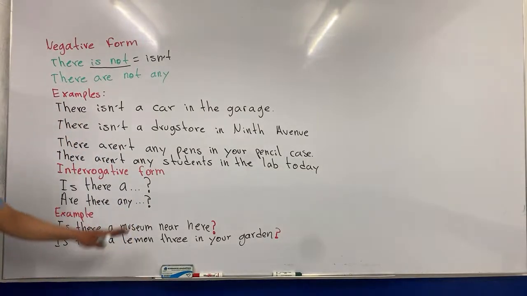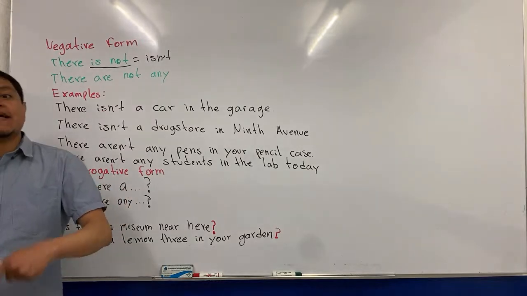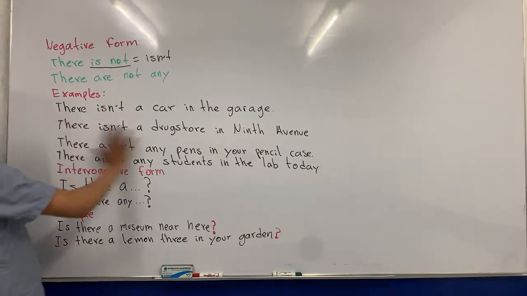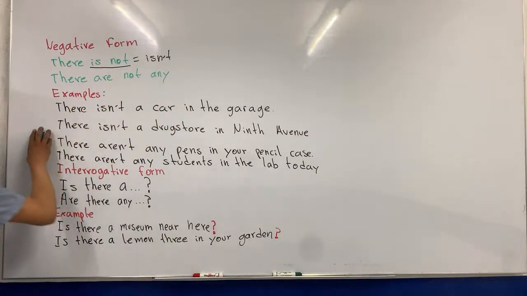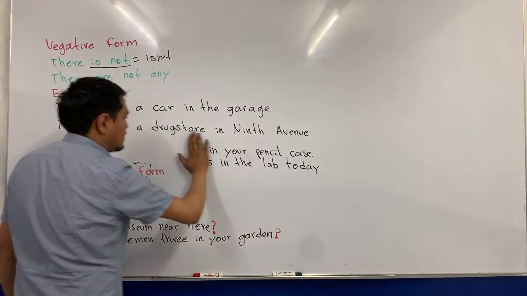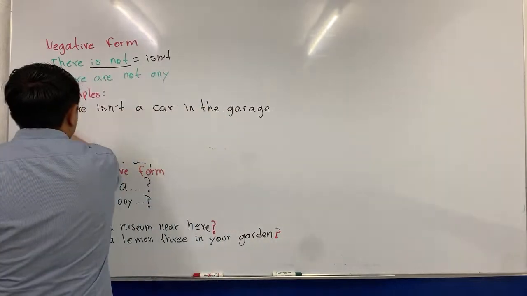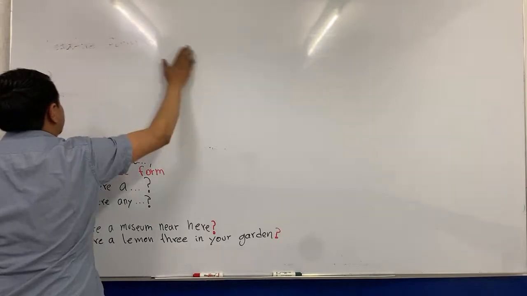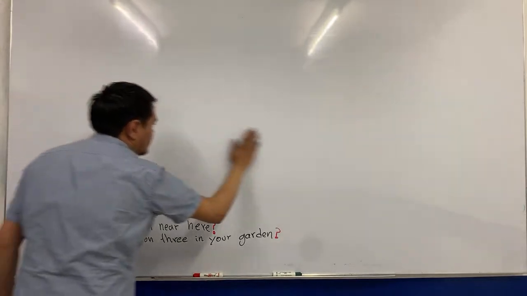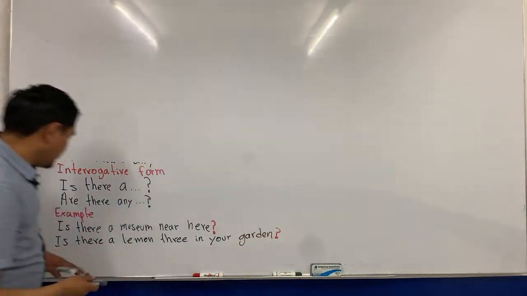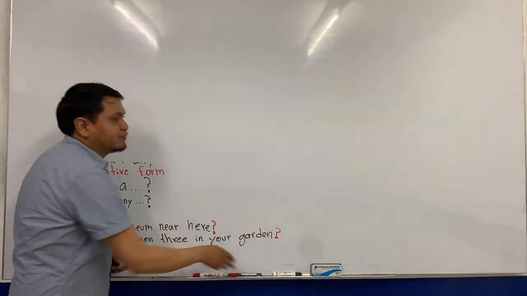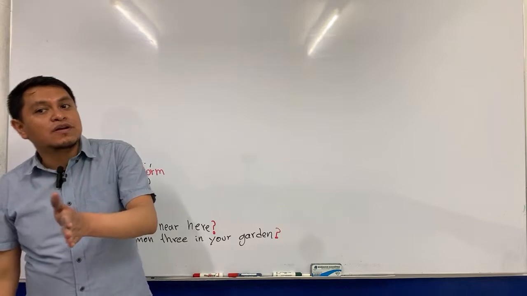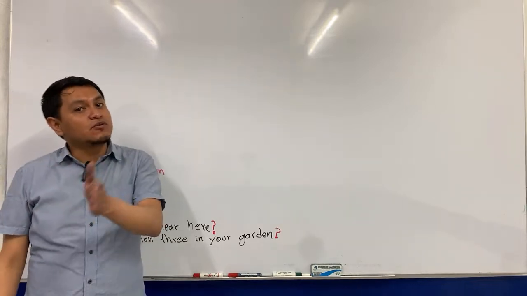Is there a lemon tree in your garden? Now with are. I'm gonna delete all this. For are, check this example. Are there any good restaurants on Madero Street?